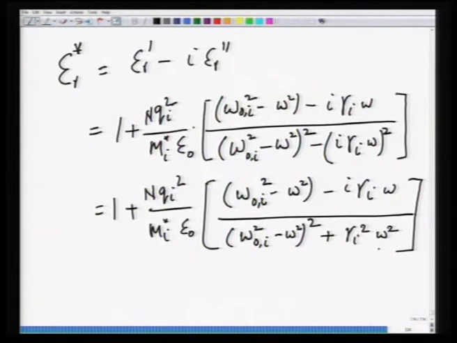So the life is simpler now. What we have been able to do is that we have removed the I term from the denominator and taken it into the numerator. Now it is easy to separate the real part and imaginary part.